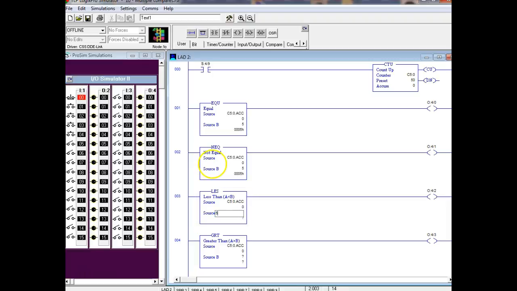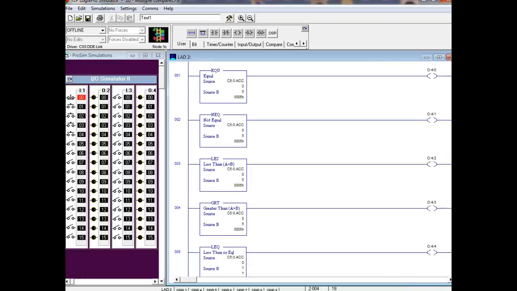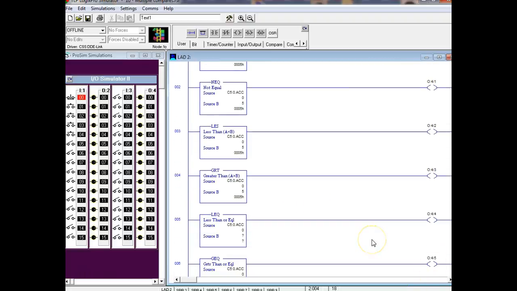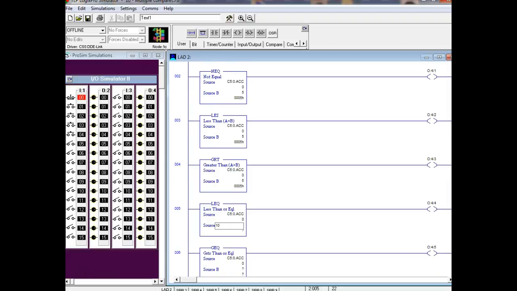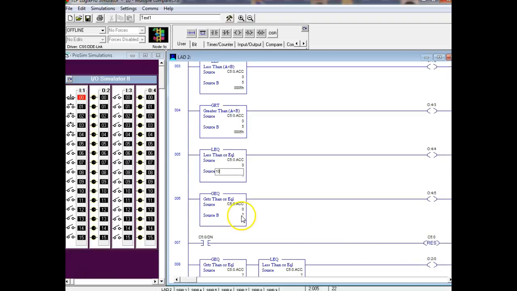We can use the same thing here too, right? Less than or equal to. Now let's do something different here. Let's do 10. I think the counter can go to 50 before it resets.